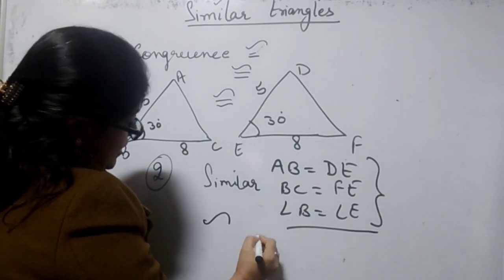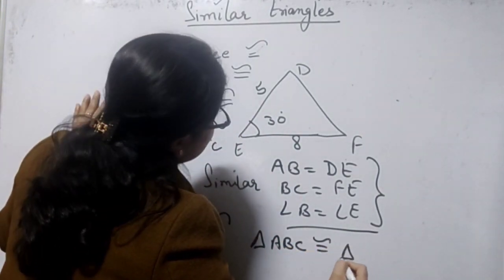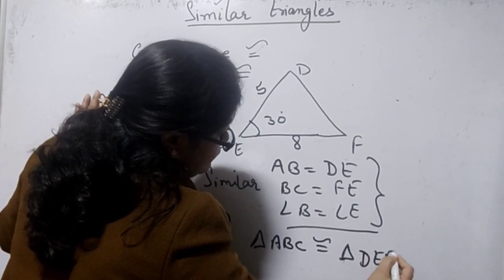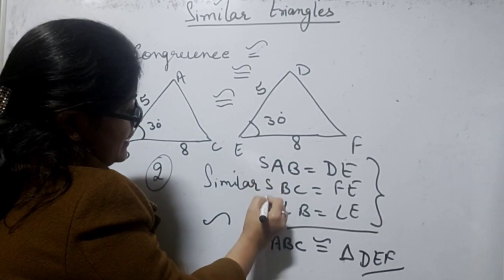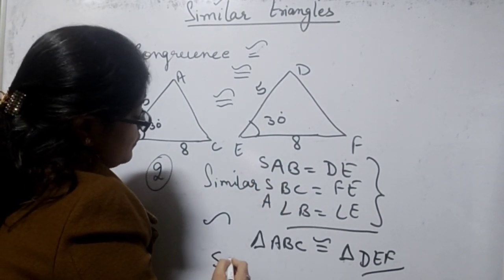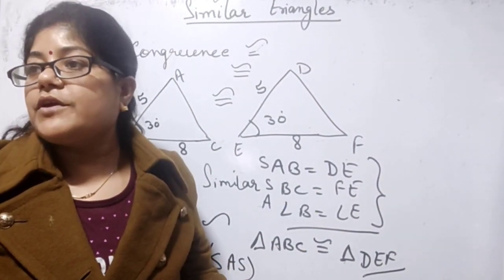Then triangle ABC is congruent to triangle DEF. By what rule? This is side, angle, side, with the help of SAS rule. Now this is the congruency of the two triangles.